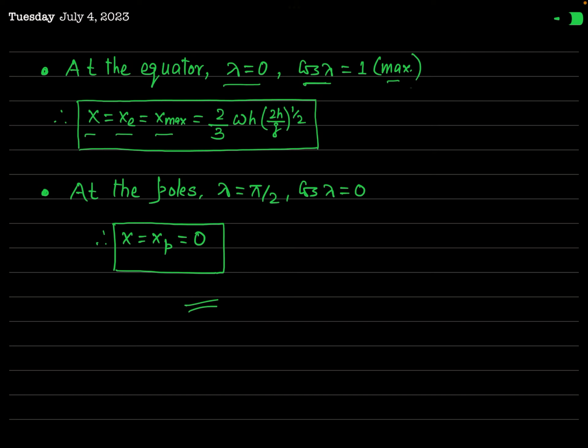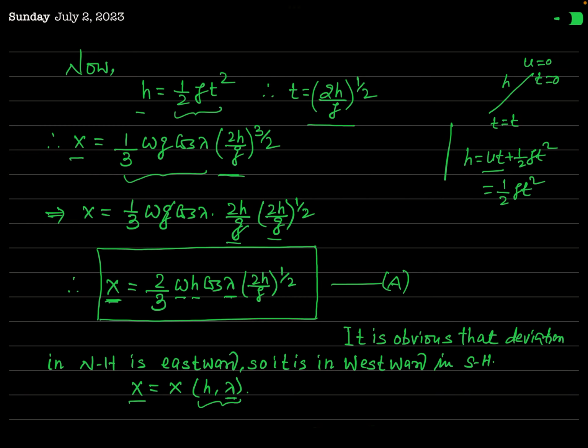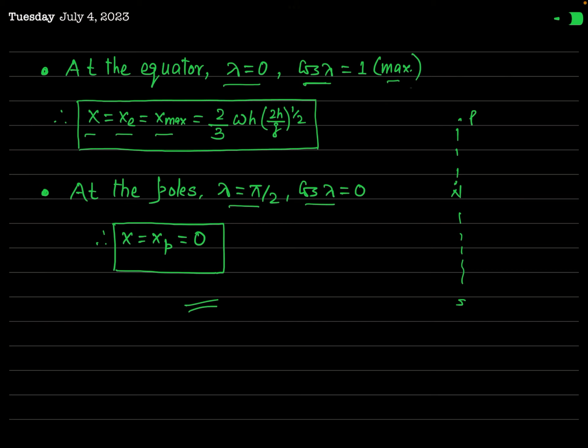But if you drop the body just above a point lying on the north pole or the south pole, then what will happen? For this point P, which lies just above the poles, lambda will be 90 degrees, and so cos lambda will be 0. And if cos lambda is 0, you can see from this expression that x will vanish, x will be 0. So a body will suffer no deviation when it is dropped from a point above the polar axis, or you can say above the pole of the earth.